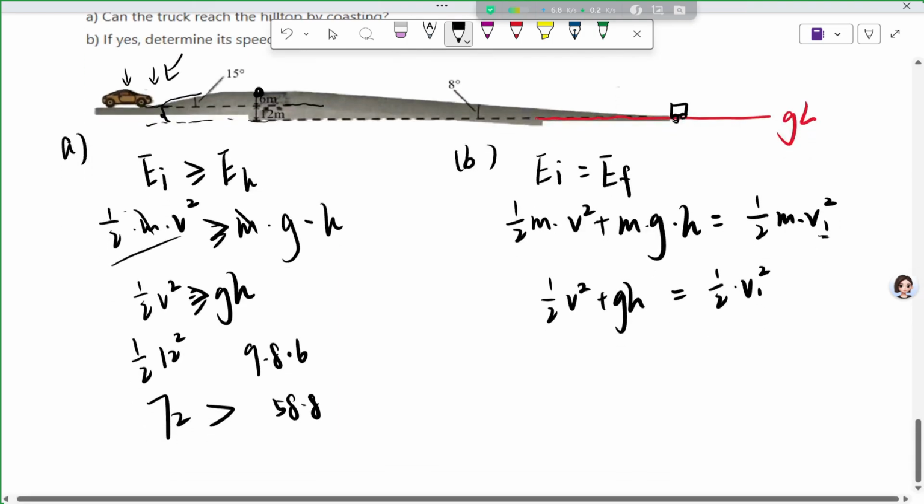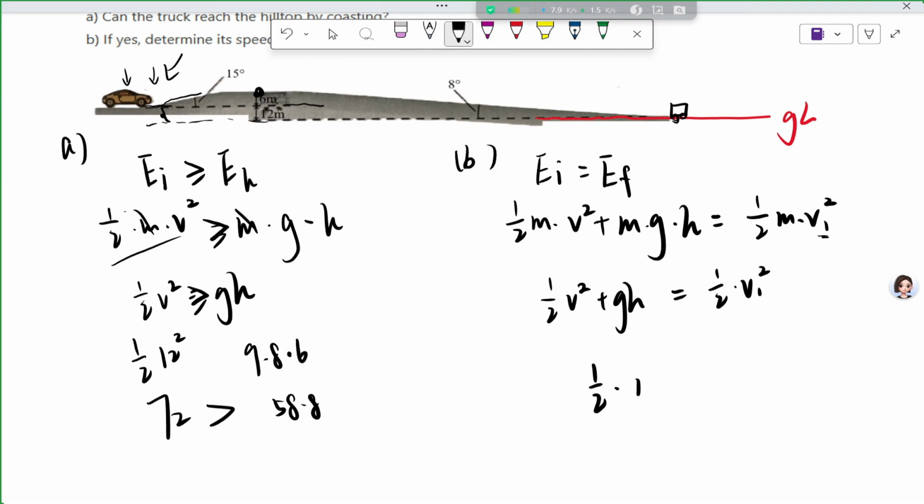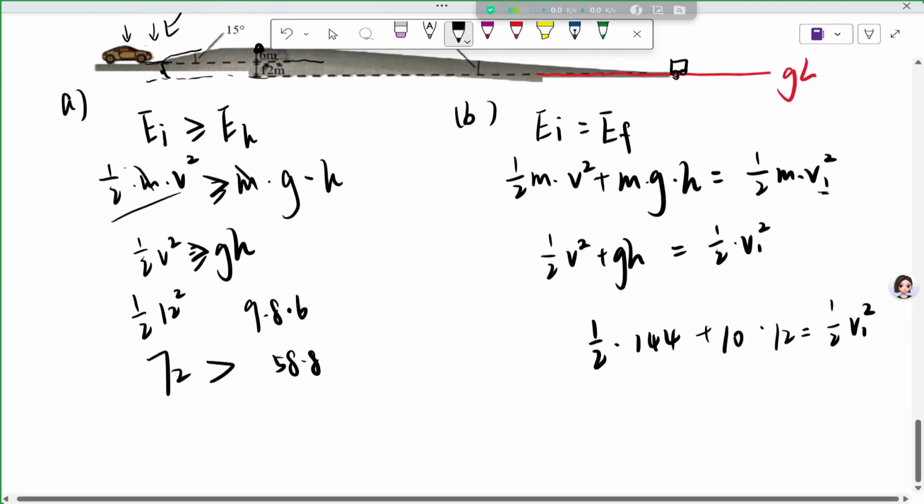So now let's plug the numbers in. Half times the initial speed, 12 squared, is 144, plus 9.8 times its height, which is 12 meters above the ground, is equal to half times v1 squared. Well, let's use 10 here to make it easier because I don't have a calculator beside me.